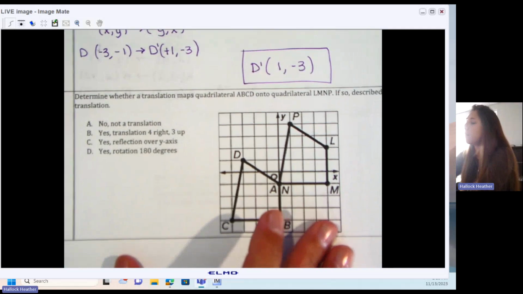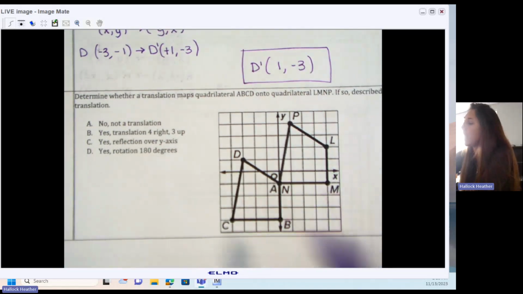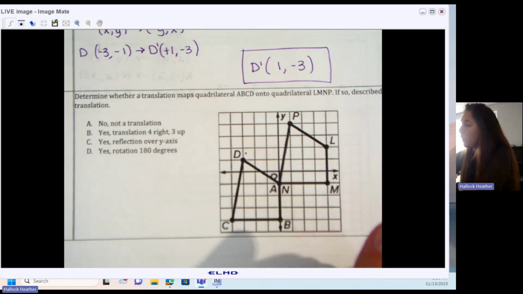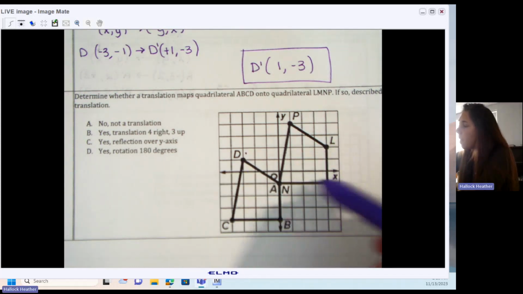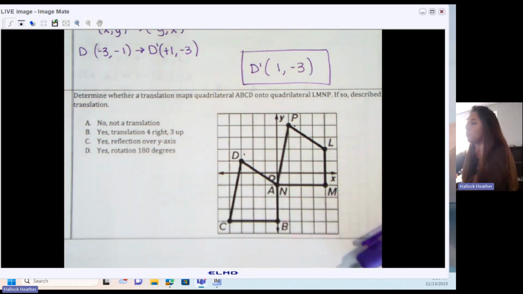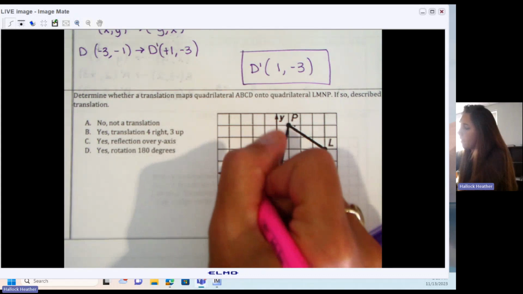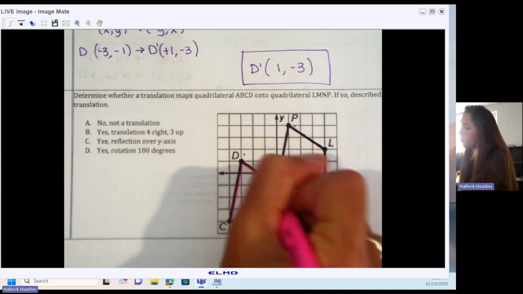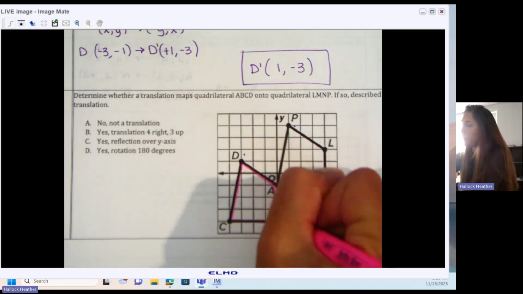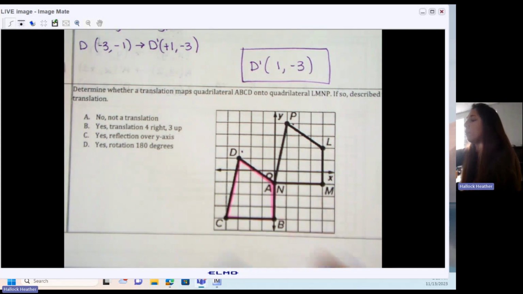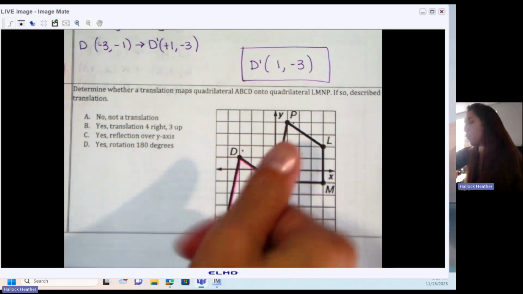The next problem wants to know how to get A, B, C, D onto image LMNP. So this is my pre-image. This is the original. I'm trying to map A, B, C, D onto that other figure. A rotation is going to spin your graph.